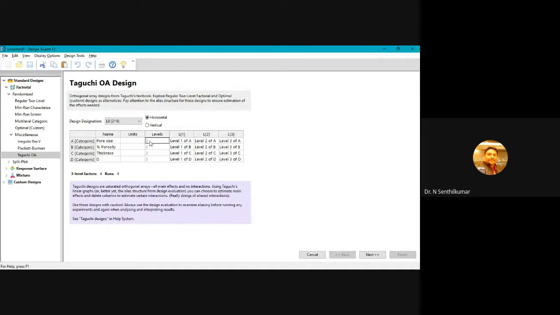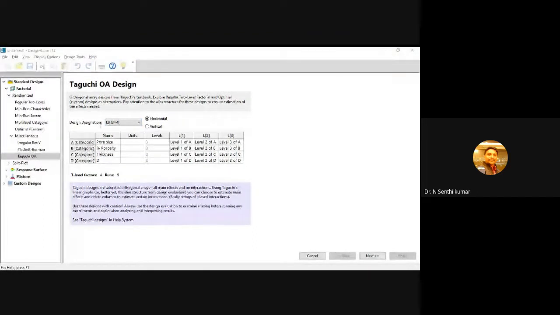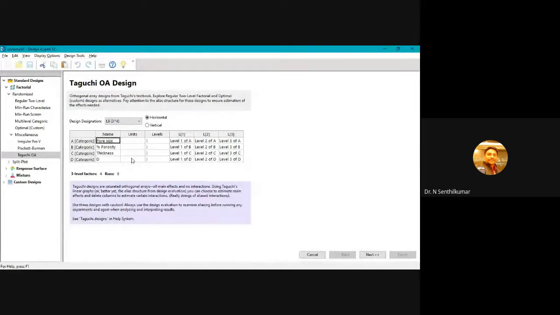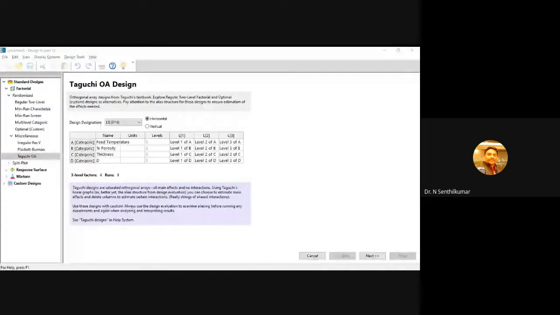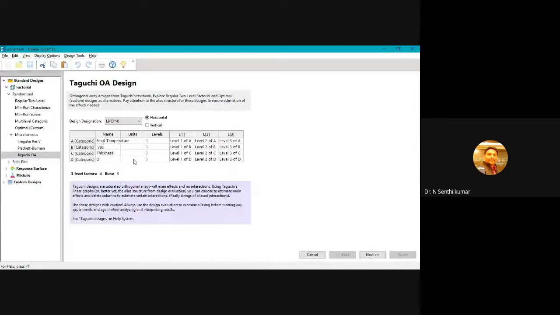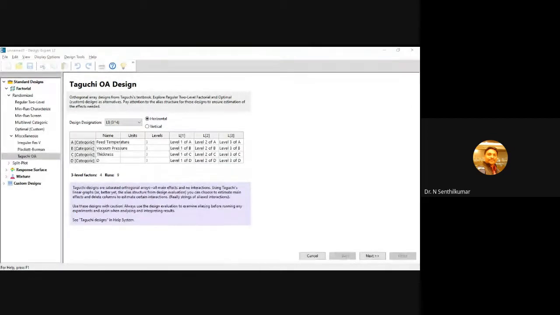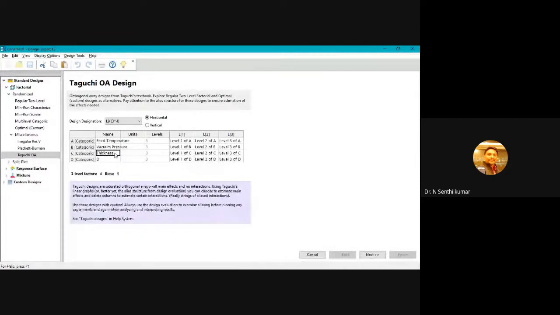I cannot change these because L9 is only for 3 levels. Each input is varied by 3 levels.